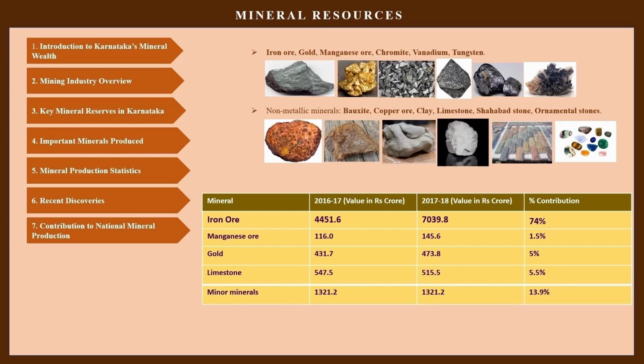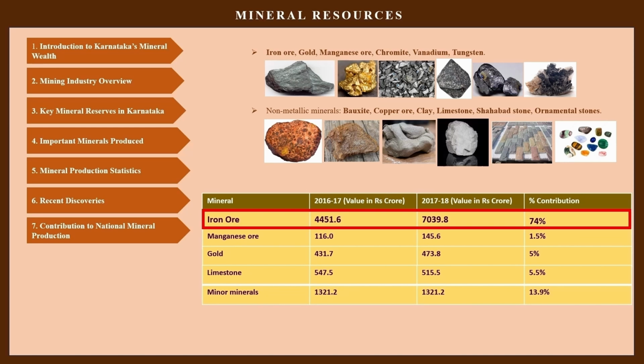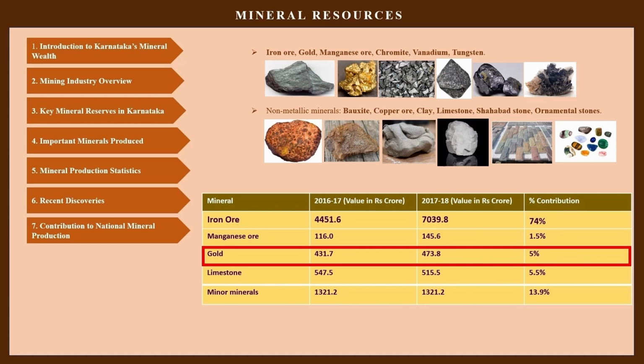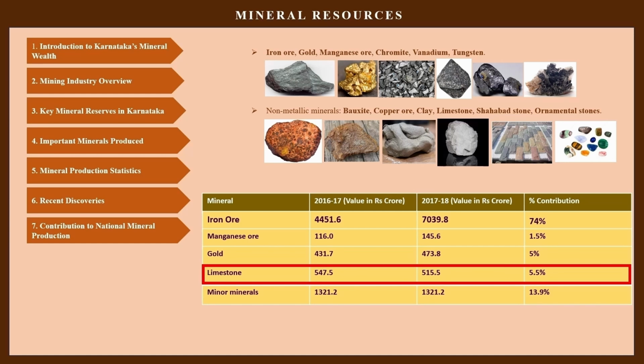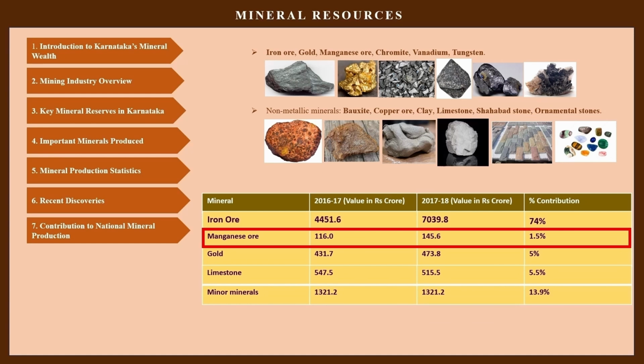Now, in terms of statistics, we can say that iron ore is the largest contributor to mineral production. So if this makes up 100% of mineral ores in terms of value produced in Karnataka, 74% of production value comes from iron itself, followed by 5% from gold, 5.5% from limestone, and manganese presents around 1.5%.